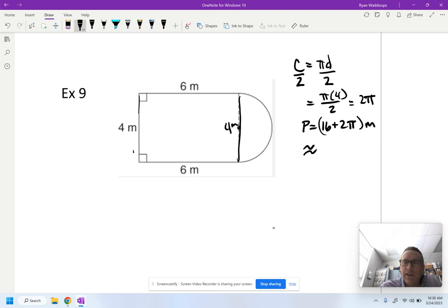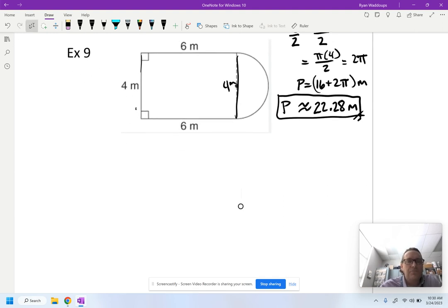But that's approximately equal to 22.28 meters. And that would be the perimeter of this figure.